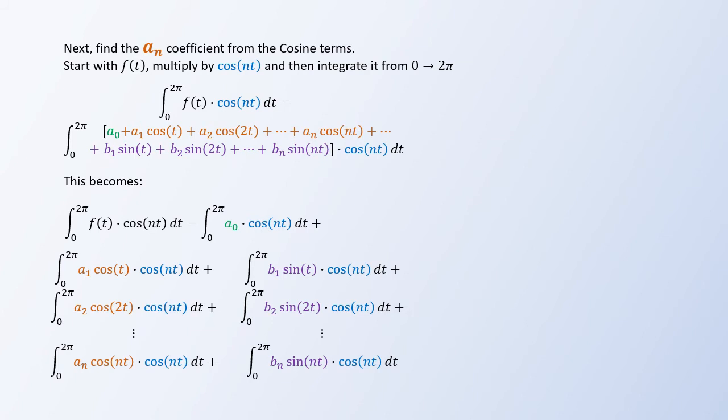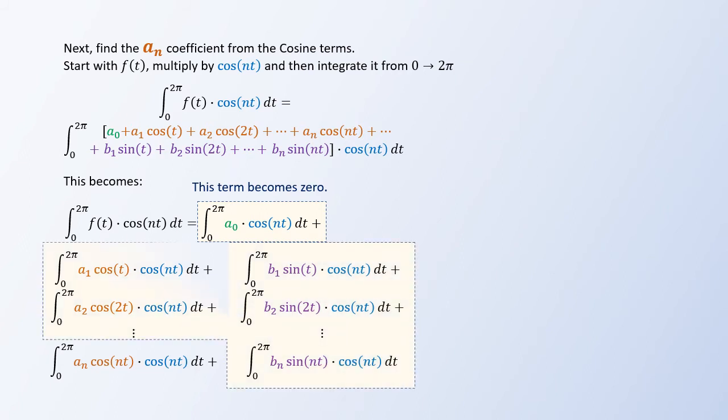Okay, first of all, this term is going to be 0 for the reasons that we saw earlier. Then all of these terms are also going to be 0 for the same reason, where we did a cosine times cosine, where we had different arguments within the cosines there.